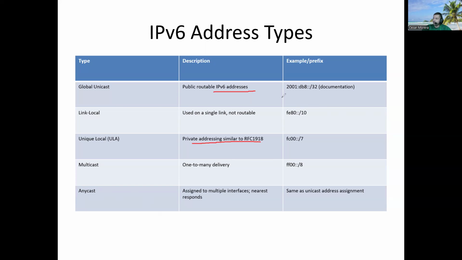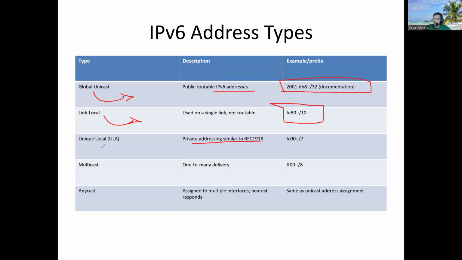This is an example of a global unicast address, and this is the first example. Then we have a link local IPv6 address, which is FE80::/10.